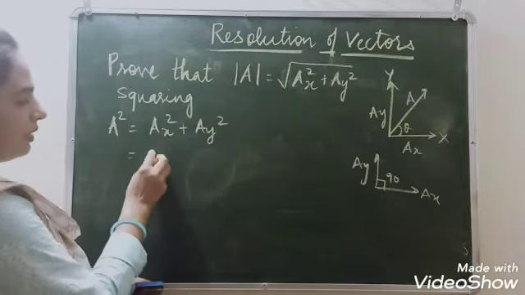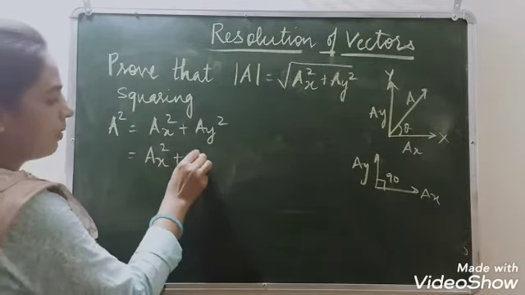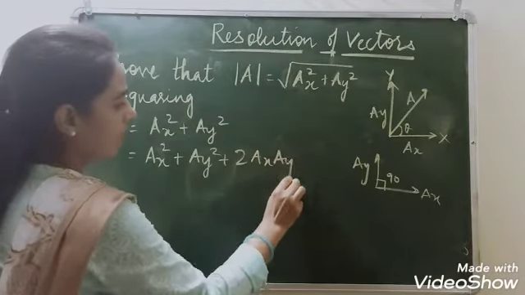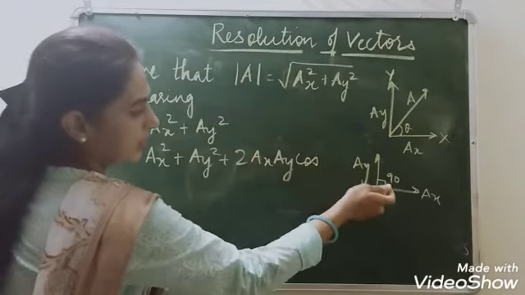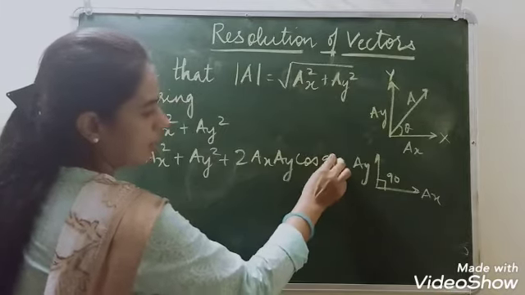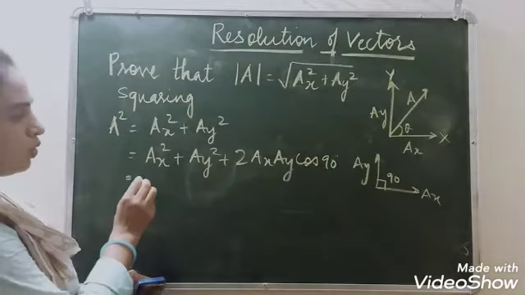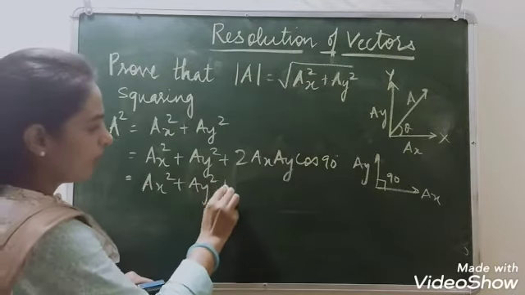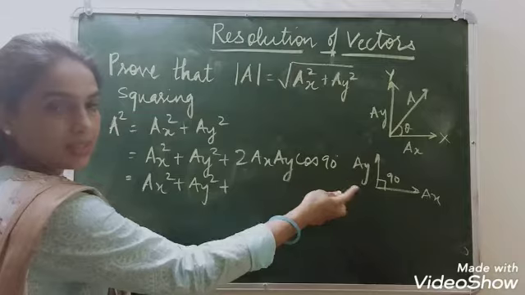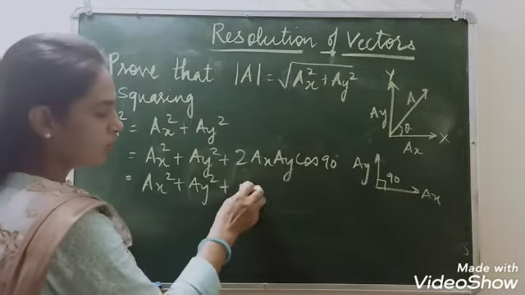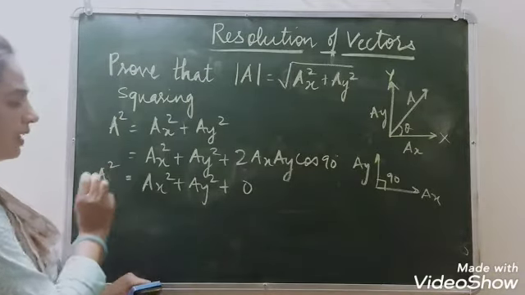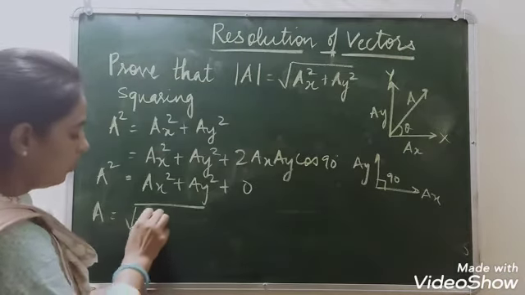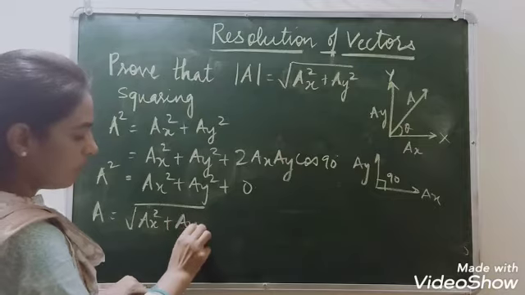So can I write it as ax square plus ay square plus 2 ax ay cos theta, where theta is 90 degrees? Cos 90 is 0, so this whole term will reduce to 0. So we get A square is ax square plus ay square, or A is under root of ax square plus ay square.